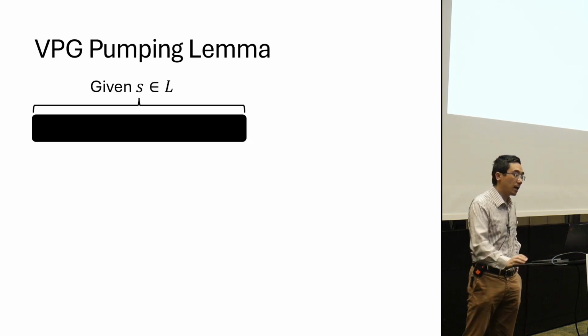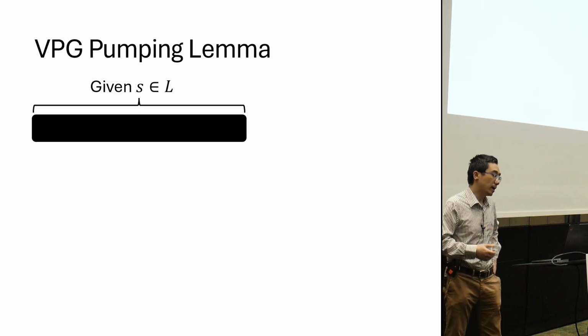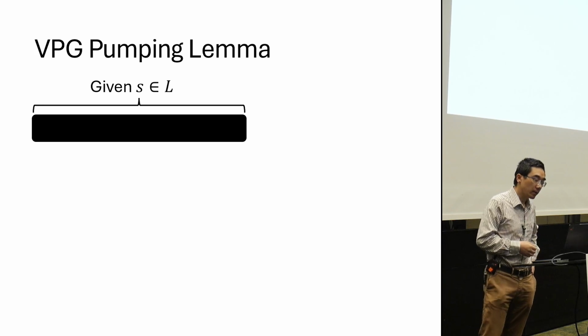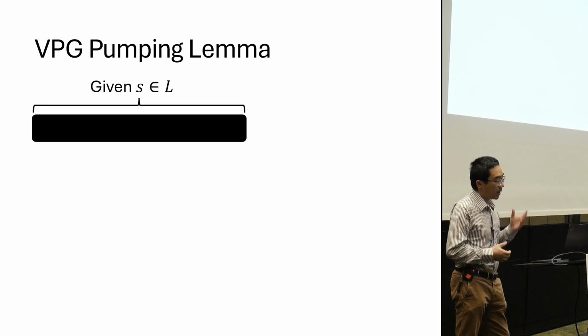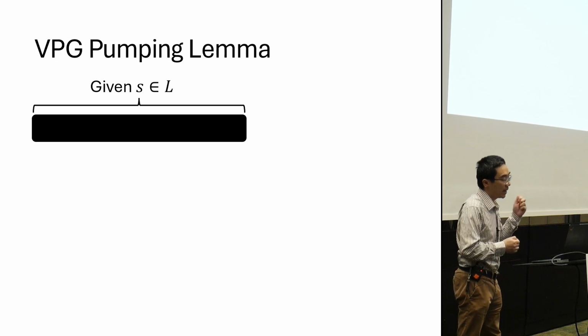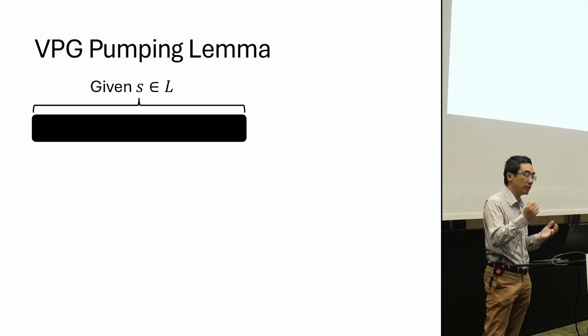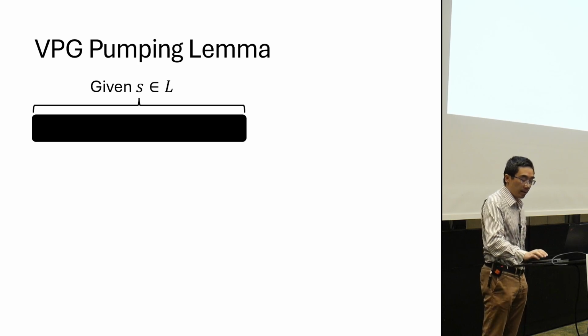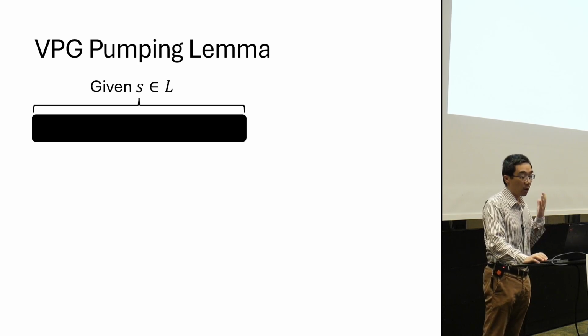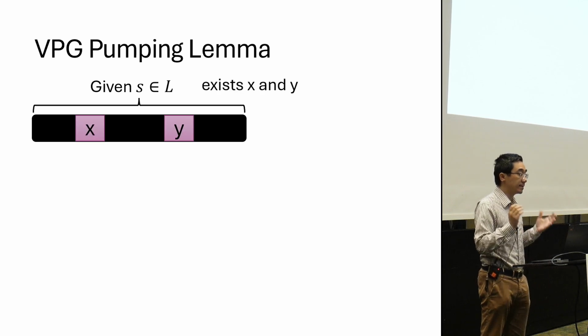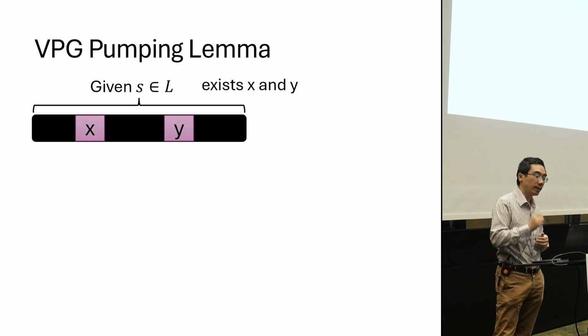And for that, we formulate a VPG pumping lemma. So let me explain that. So in this lemma, suppose we have some string S belongs to this VPG language L. Then if this S is sufficiently long, then there must exist some substrings X and Y, okay?